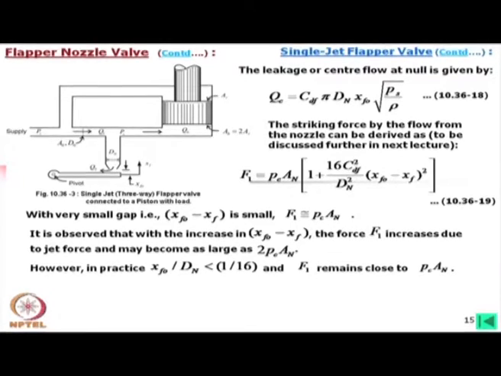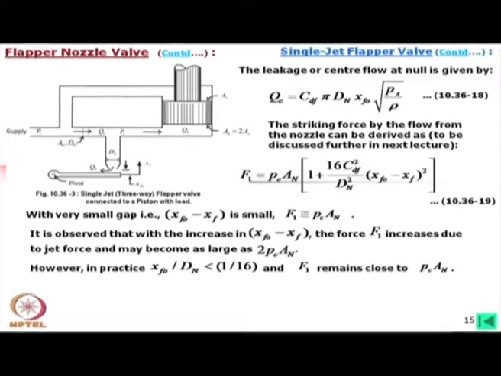So, suppose dn is equal to, say, 1.6 millimeter diameter, or this nozzle is 1.6 millimeter.